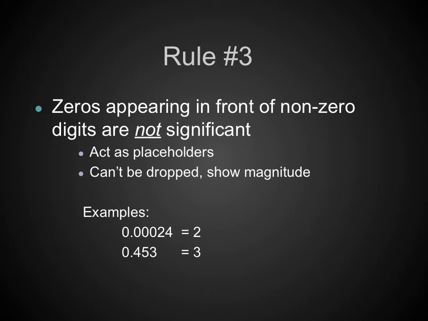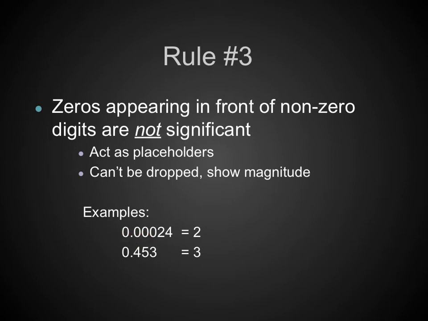Okay, the next place that a zero can show up is in front of a non-zero digit, which means they happen to the left of, before any significant digits show up. So see these zeros right here? They're to the left of significant digits. So these are called initial zeros.